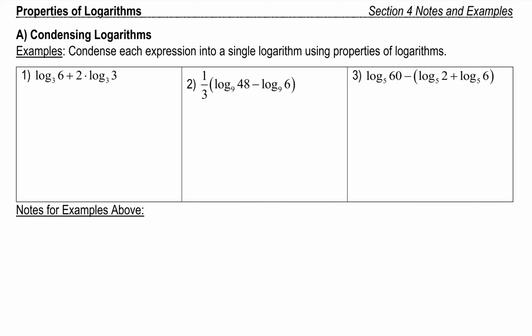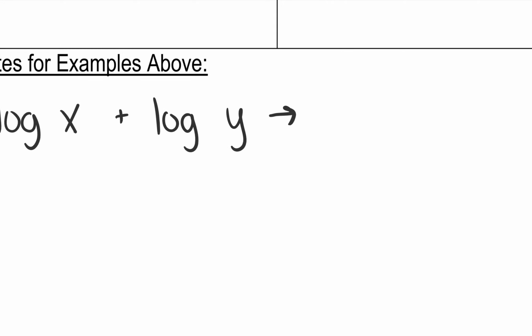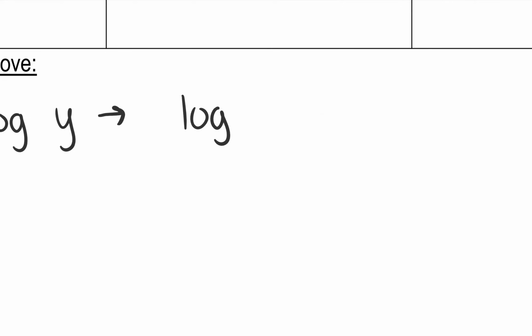Okay, so condensing logarithms. Well, let's get some notes going first. If I'm condensing, if I have log of some number plus log of some other number, and I want to condense that, I would write that as log of the first number times the second number.